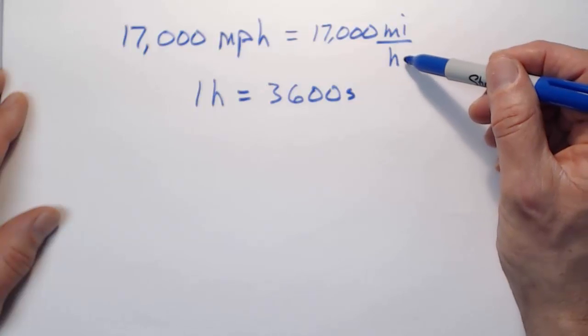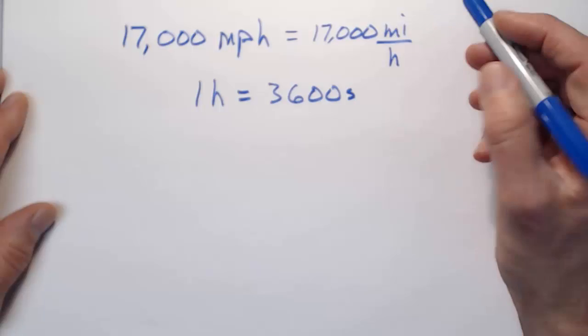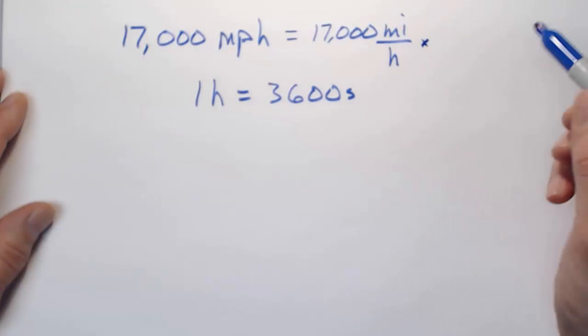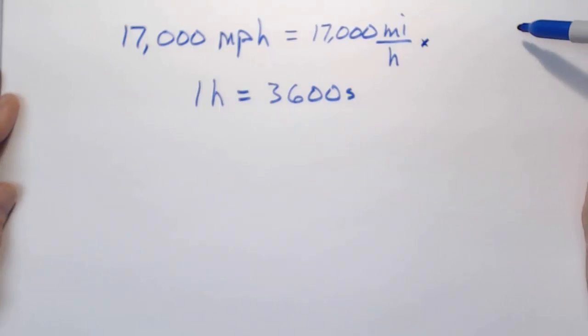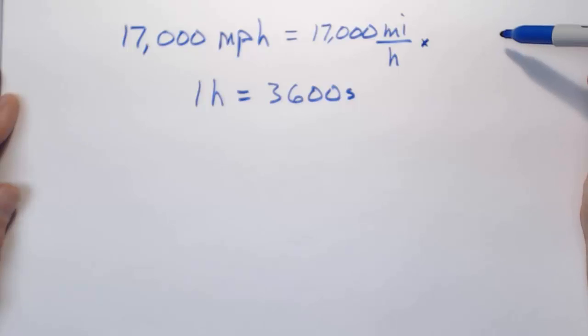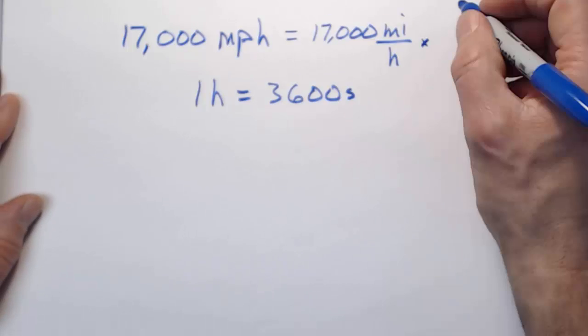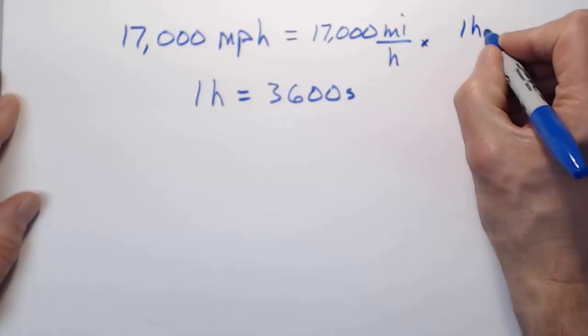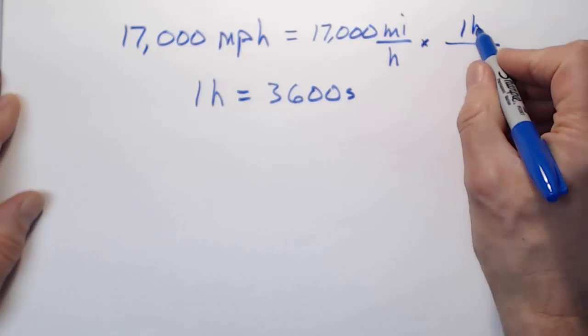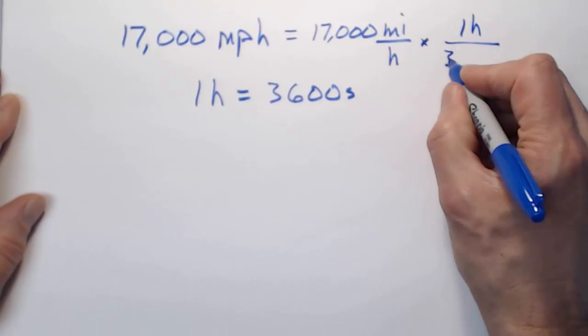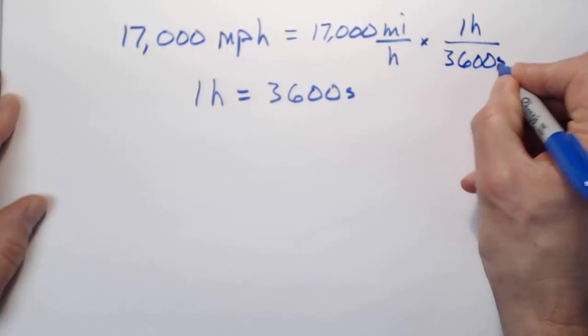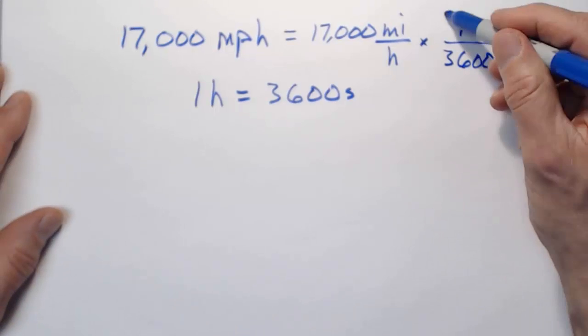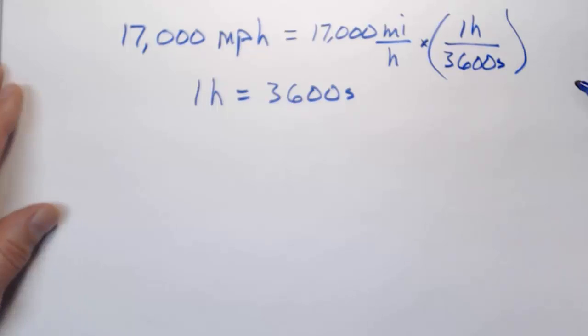I've got hours down there. Whatever I multiply by, I'm going to want to have hours on top of it in order to have those divide out. And so the 1 hour here, my funny looking 1 will have to have the hours on top, and 3,600 seconds on the bottom. Here's my funny looking 1 that I multiply by.